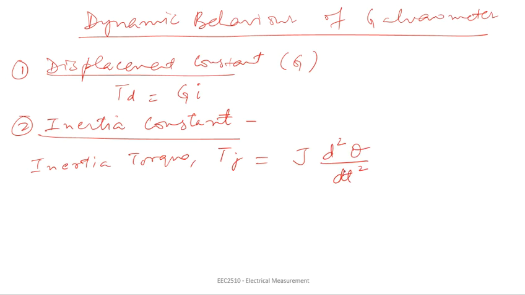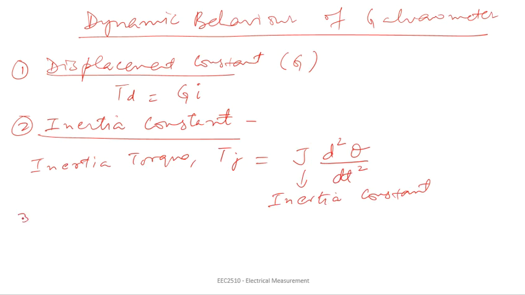This J is called the moment of inertia of the moving system, and it is also called the inertia constant.